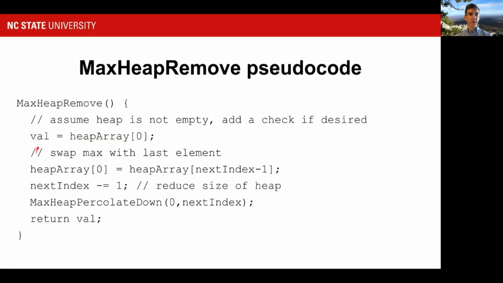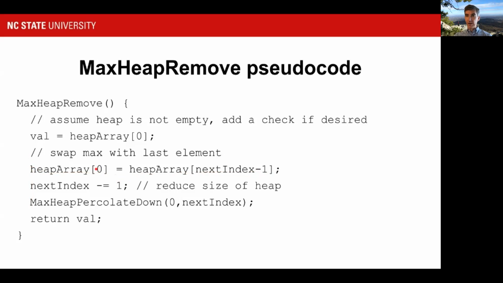Okay, but then the key part of our work to maintain the invariant property of the max heap, that the maximum is always at the root, is that we have to do a few more actions. So as we talked about in the previous videos, the first thing we're going to do is take the last value in the heap, which is at next index minus 1, and copy that to 0, right?